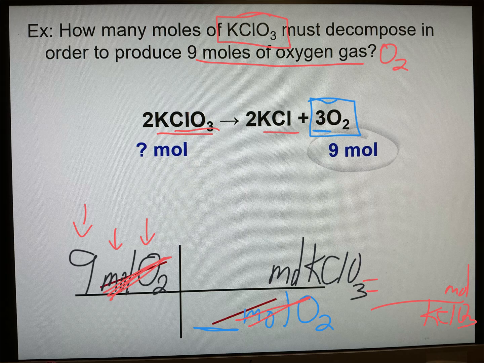What's my coefficient for oxygen gas? What's the number that's in front of O2, guys? Yep, that's it. You're just going to get it from the equation. So it's 3. Now you're going to look for KClO3. What is your coefficient that's in front of KClO3, your potassium chlorate?